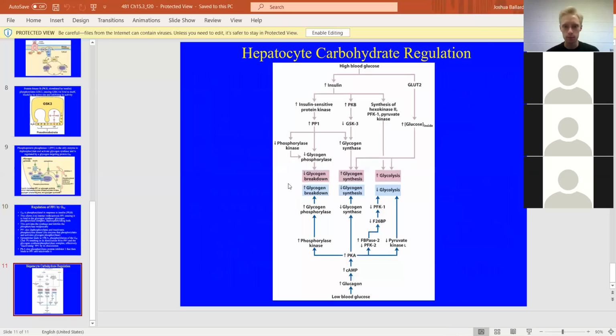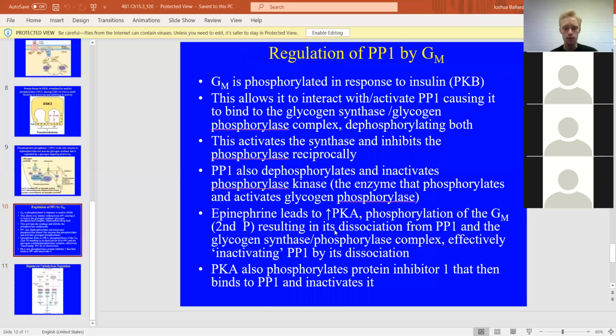Everything's still going on. And this is just an overall diagram of what's going on with this whole process. Ultimately, for slideshow 15.3, we just need to know how glycogen synthesis and breakdown is regulated, and those enzymes that we talked about, such as PP1, GM, how PKA and PKB affect those.